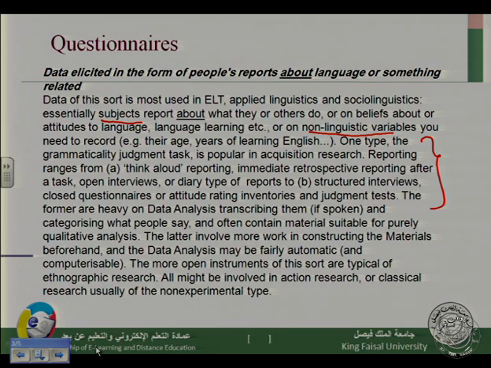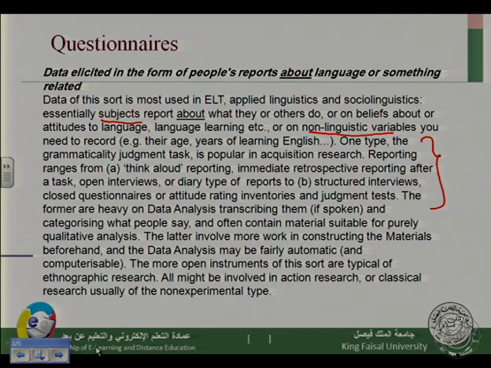And categorizing what people say, and often containing material suitable for purely qualitative analysis. So again, all of these suit qualitative analysis. The latter involve more work in constructing the materials beforehand, and the data analysis may be fairly automatic and computerizable. The more open instruments of this sort are typically of ethnographic research.